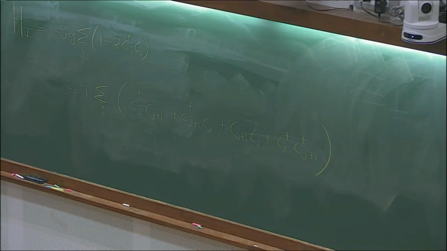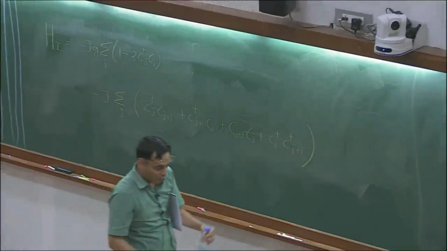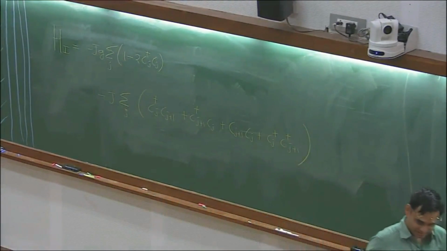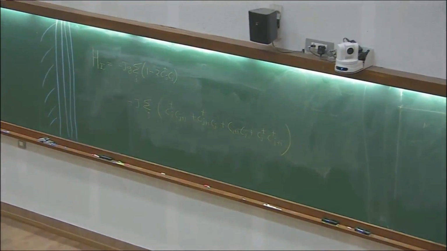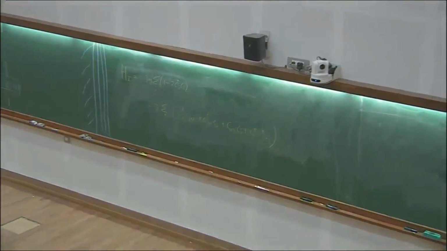Ask yourself in the original problem, what is the operator that acts on a state and flips all Z to minus Z? It's the product of all the sigma x's, right? That's the operator that implements that. What's that in this language? It's the product of all the signs coming from the fermion numbers.